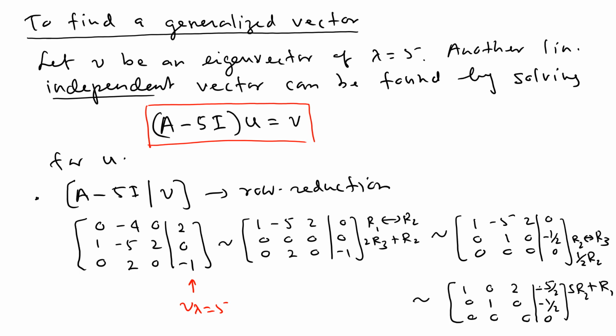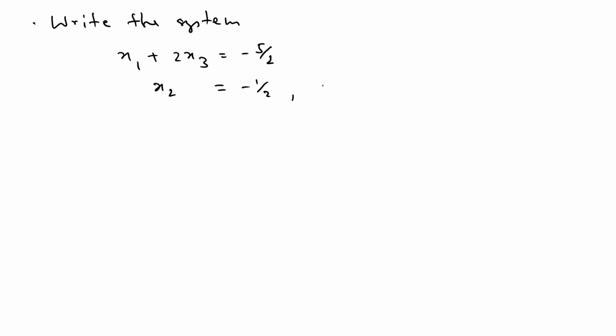Now what we're going to do is write the corresponding system. So the next step is to write the system. If you write the system, you're going to get x1 plus 2x3 equals -5/2, and you also get x2 equals -1/2, and x3 is free.